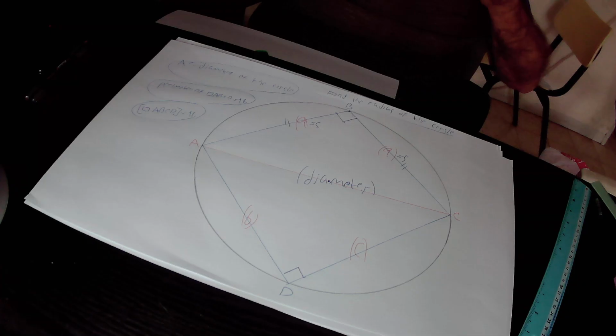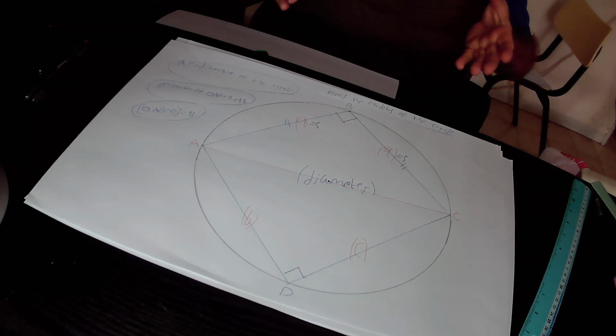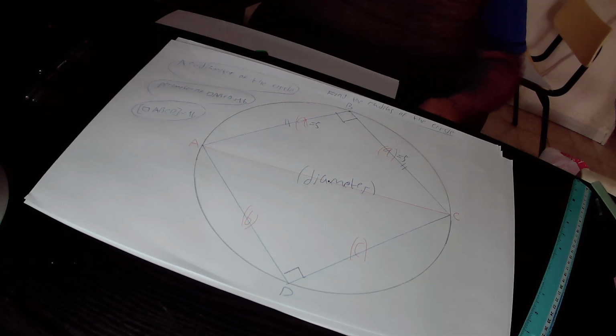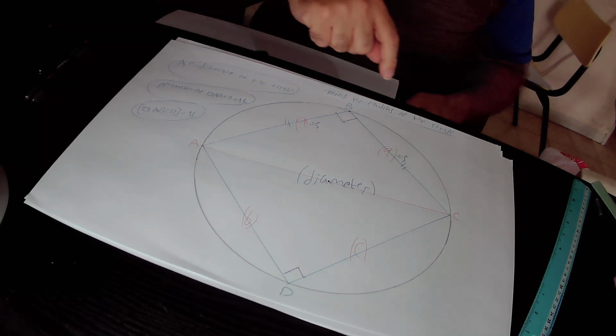Our task in this question was to find out the radius of this circle. So in the drawing, we have quadrilateral ABCD that is inscribed in this circle.